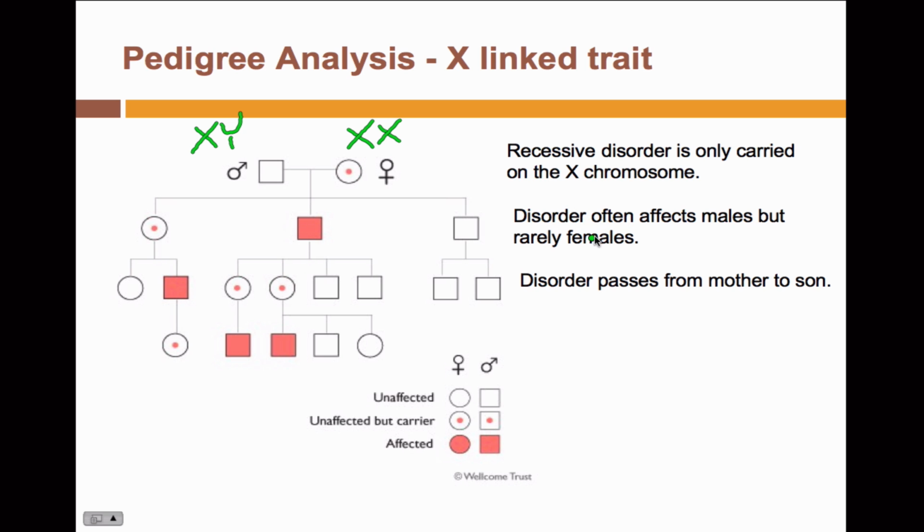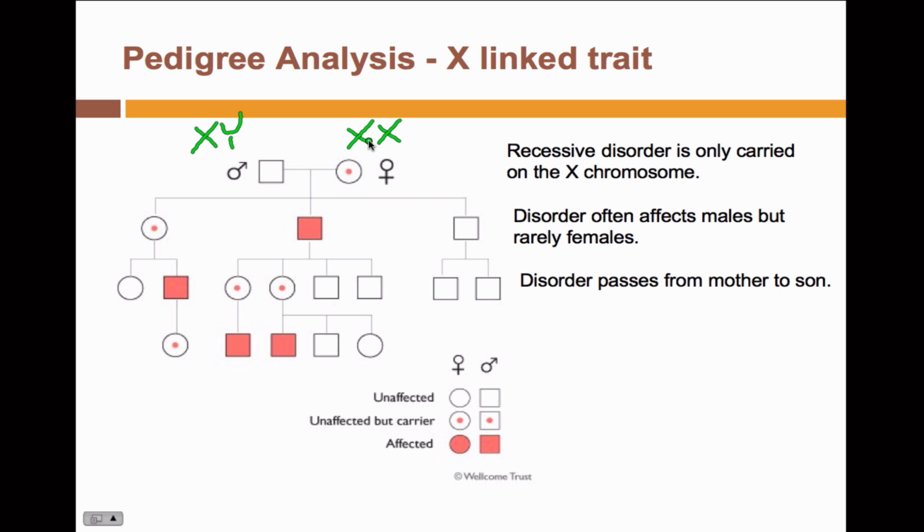And for that reason, the disorder often affects males but rarely females, because in order for a female to have this disorder, she has to have both of the recessive alleles on that X chromosome. A male only has to have that one recessive allele, and he could be affected by this disorder. And so the disorder passes from mother to son.